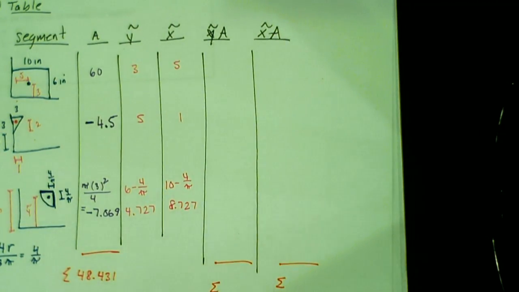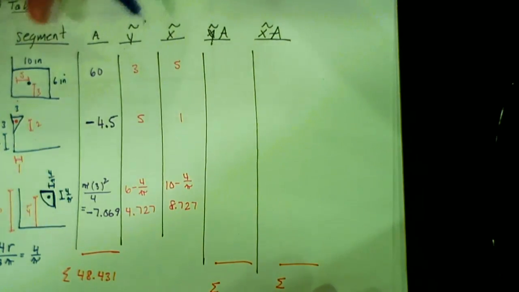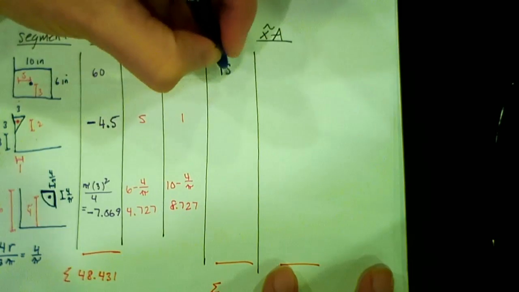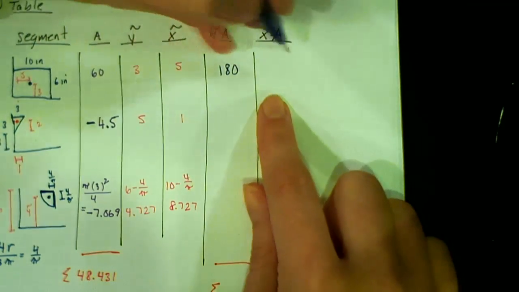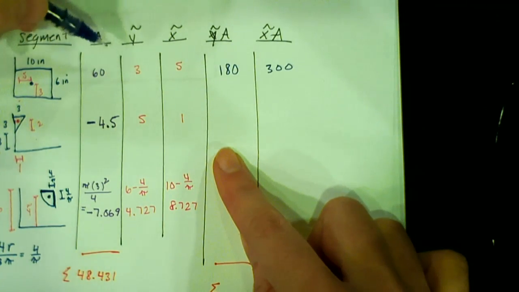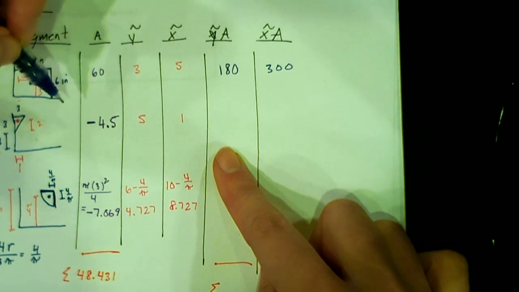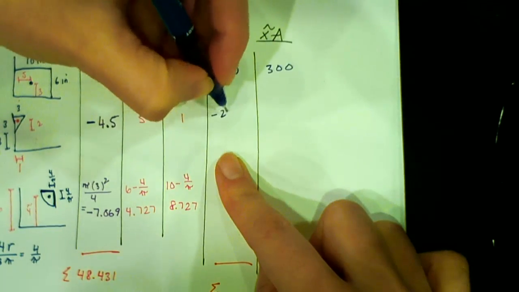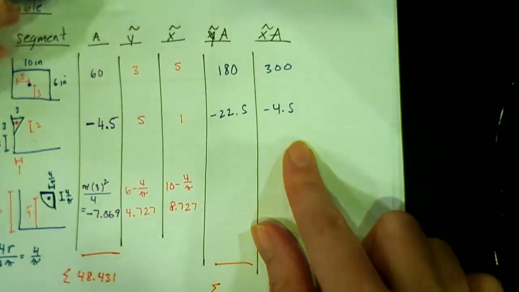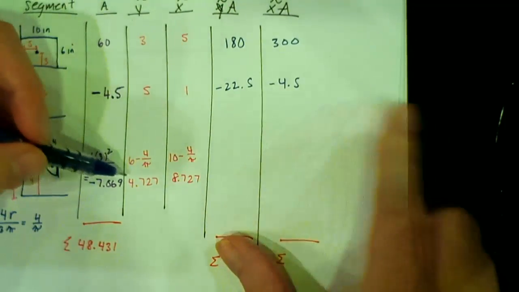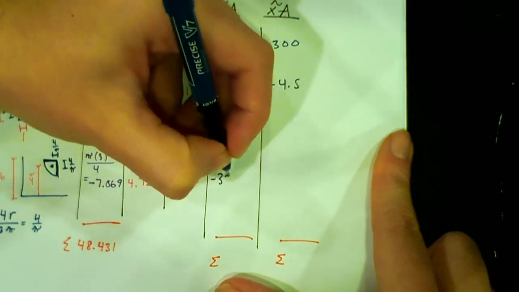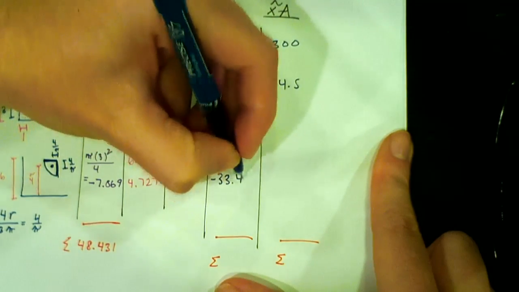So now all we do is start multiplying. For y tilde times A, 3 times 60 gives me 180. 5 times 60 gives me 300. Then for the next figure, I have 5 times negative 4.5, which is negative 22.5. Then I have 1 times negative 4.5. Then I have 4.727 times negative 7, which is negative 33.412.